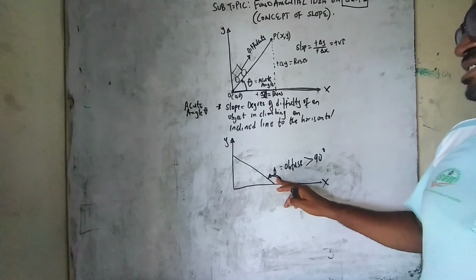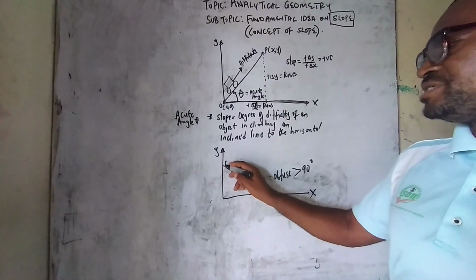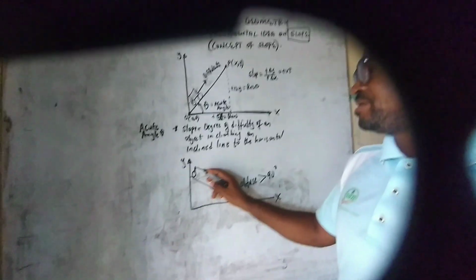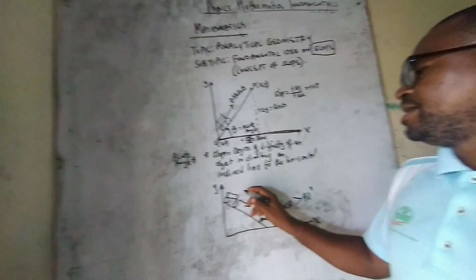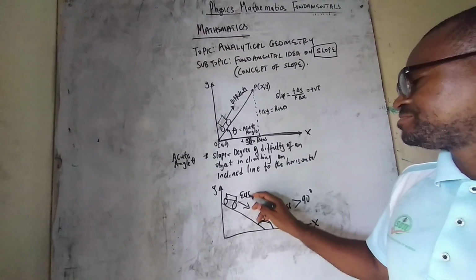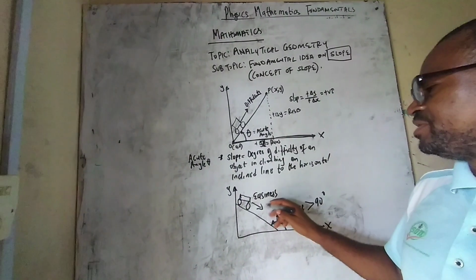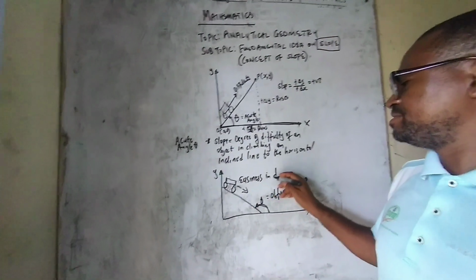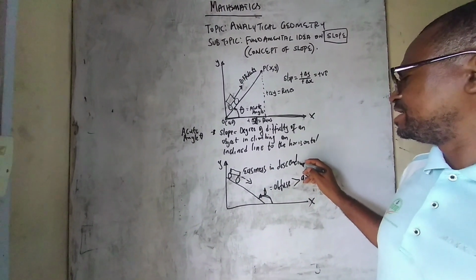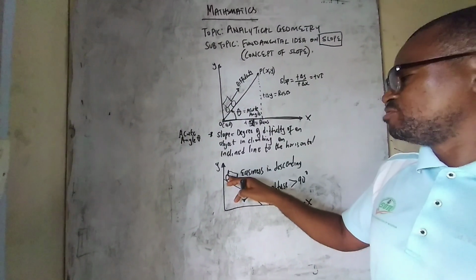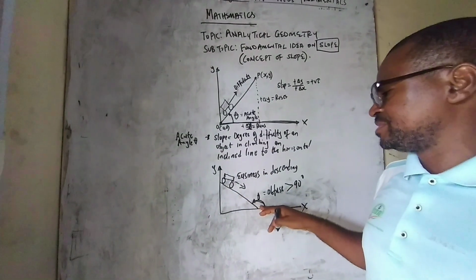When we have a scenario like this, if we have an object here coming from this point going downward, there will be easiness for the object in descending that particular inclined line. So this object will move down easily under gravity.